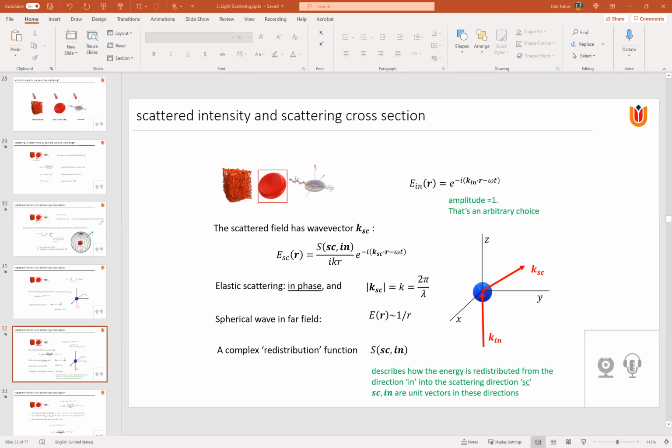And then of course there is this one big unknown, and that is this function S, this complex redistribution function that describes how the amplitude and the phase of the light is redistributed from the incident direction into the scattered direction. But that's something that we'll deal with later, because for now we can use the general expression.